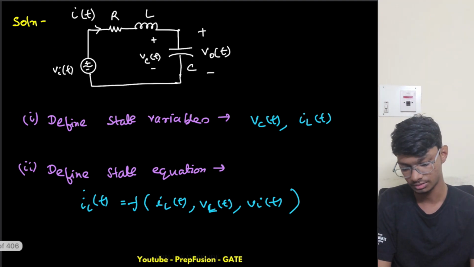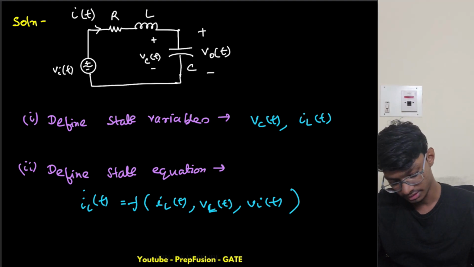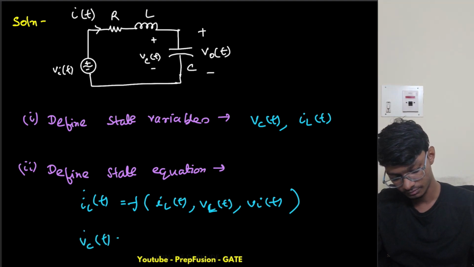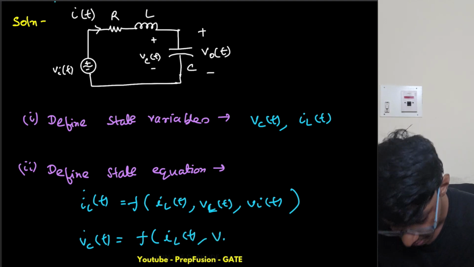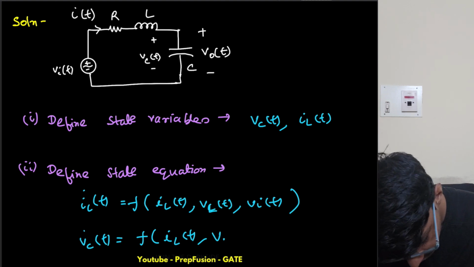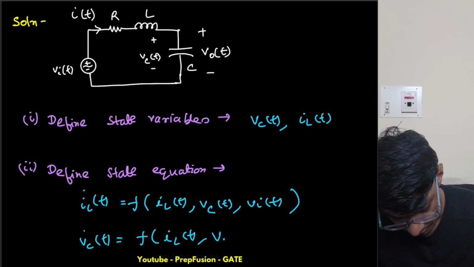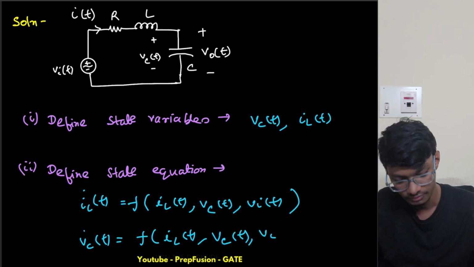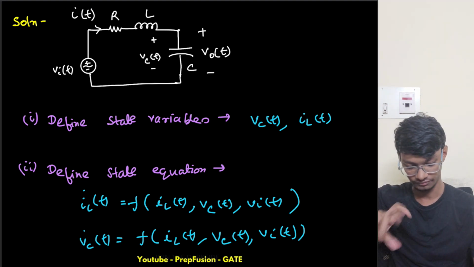This is the input, right? So I have to find it in terms of the input also, and then I have to find the other variable, that is Vc dot of t, as a function of, again the same thing, right? IL of t, Vc of t and V of t.